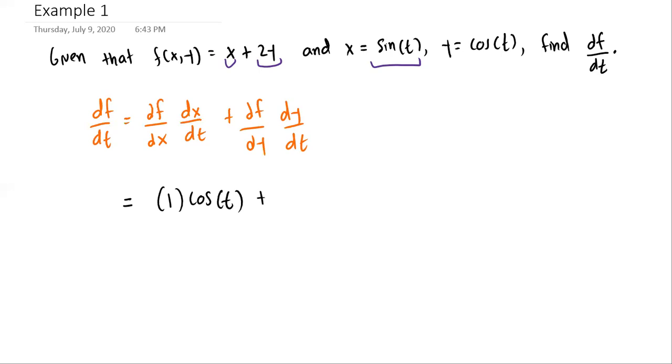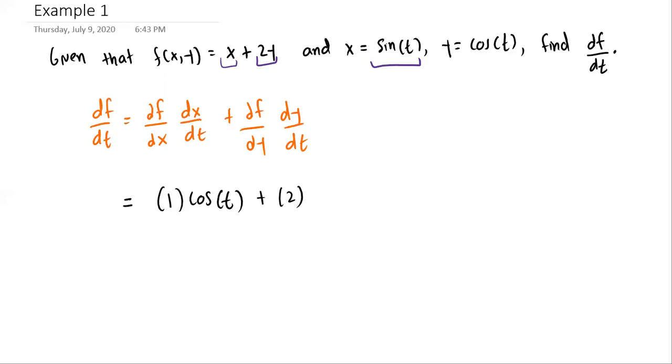plus, now take the partial of f with respect to y. For this case, now you treat y as the variable and x as the constant, right? So the derivative of x with respect to y would be 0. The derivative of 2y with respect to y would be 2. So we have 2 times the derivative of y with respect to t.